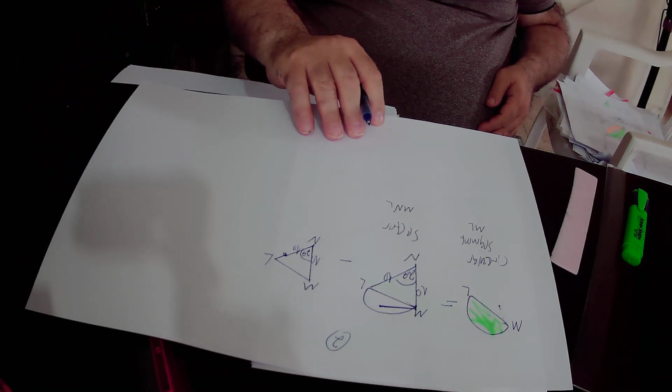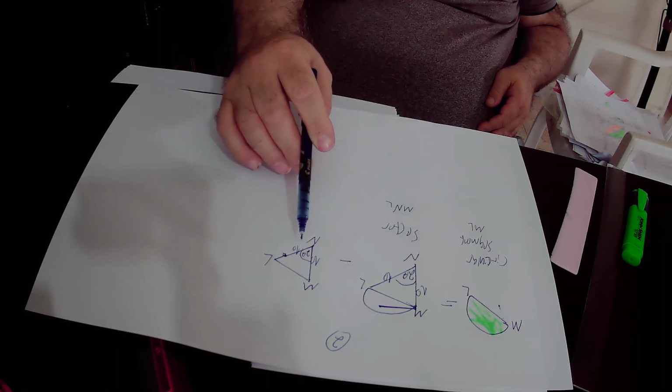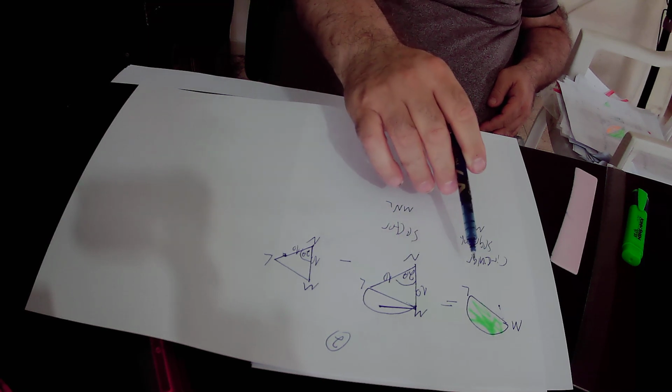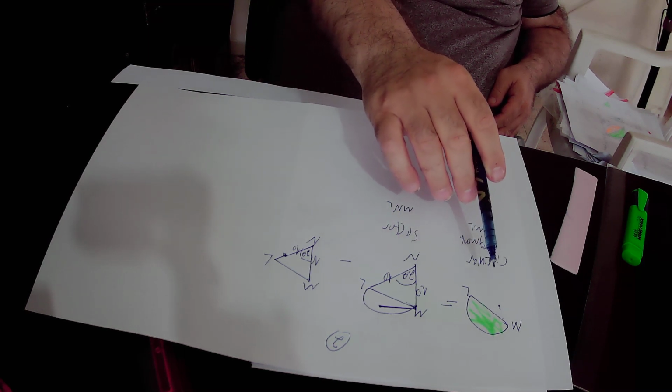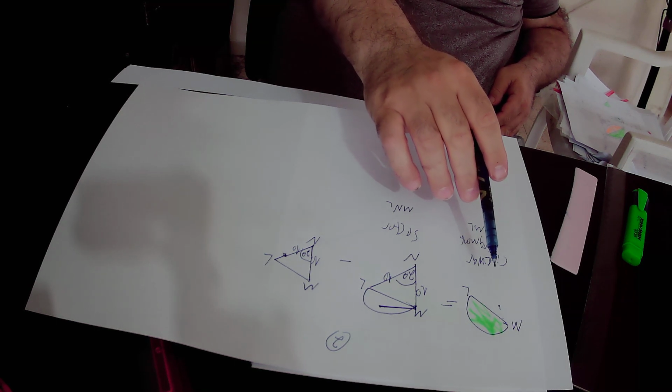It is very easy to see that if you subtract the area of triangle MNL from the area of sector MNL, you will get exactly the area of the upper circular segment ML.